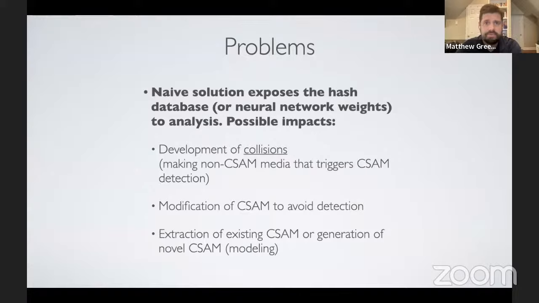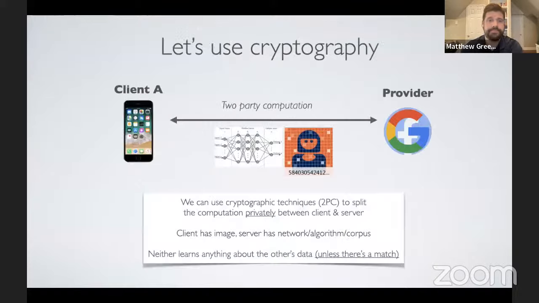So there's a confidentiality risk for victims. It also allows people to detect whether they are going to be caught, and they can find ways to evade by not sending certain images. And they could even potentially create new CSAM material if we were talking about one of the systems that used a neural network. So exposing the hash database directly to the clients themselves is generally believed to be unacceptable.